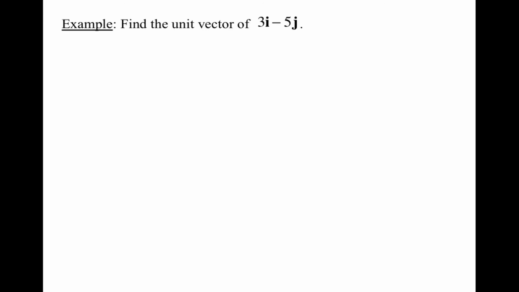All right, so let's look at an example of how to find the unit vector. We want to find the unit vector of 3i minus 5j. First thing I need to do is find the magnitude. We know that the magnitude is the square root of the horizontal component squared plus the vertical component squared. So I have 3 squared plus negative 5 squared.